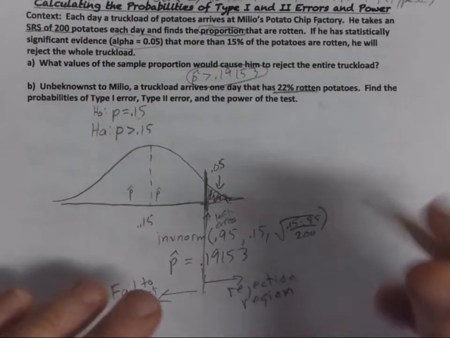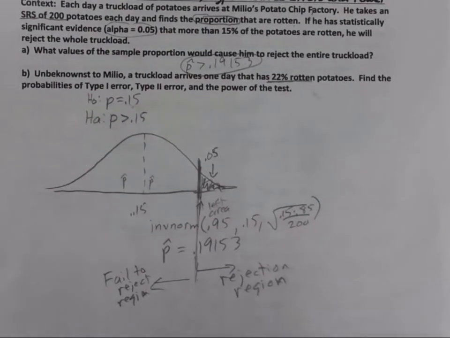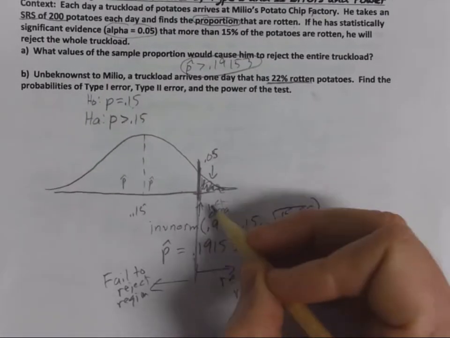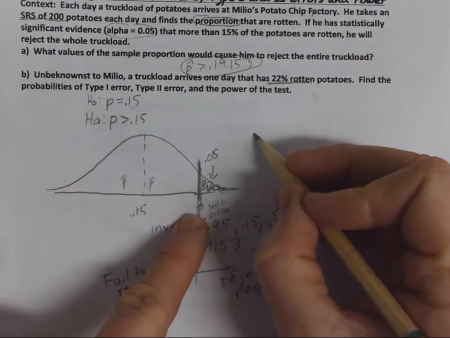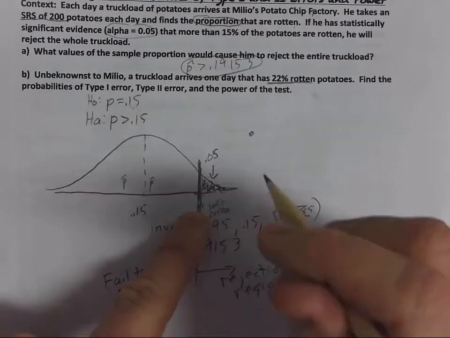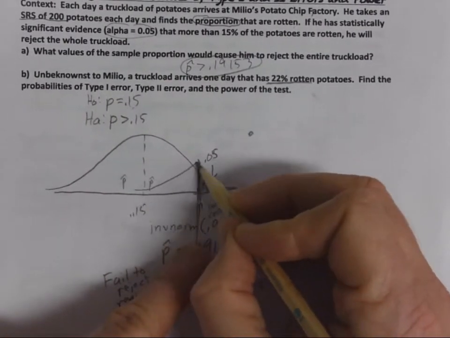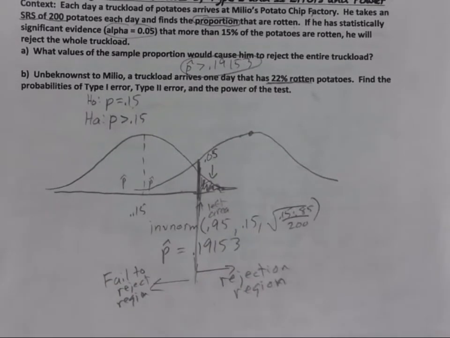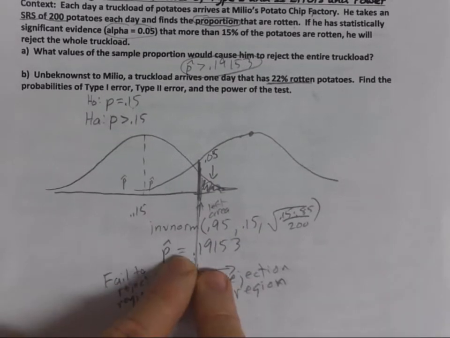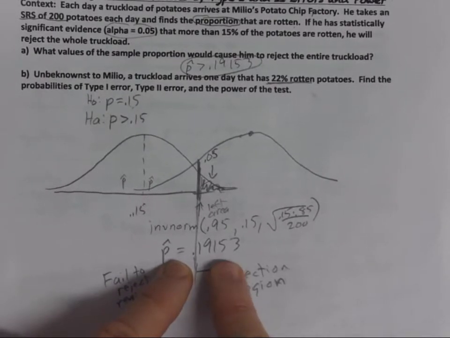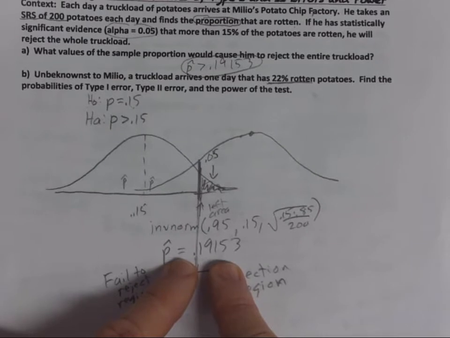So I'm going to draw, in essence, if in fact the truckload really does have 22%, well, that's 19%. So 22% is going to be about right here. This is actually going to be the true distribution. All Emilio knows is that he's going to check out 200 potatoes, and if he gets more than 19.15% that are rotten, he rejects them.